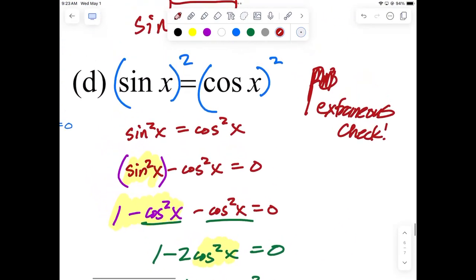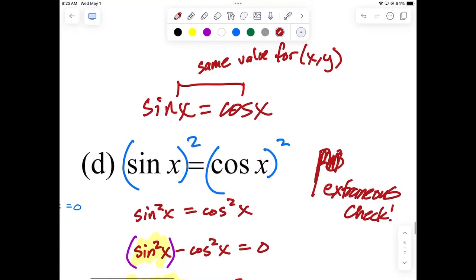Now, if you had just given it a good thought before you started, could you have solved this one intuitively? Yeah, you're asking yourself for what angles x do the sine and cosine equal each other on the unit circle. You could have then asked yourself, that means they have the same x and y coordinate. Oh, that's when they're both square root of 2 over 2 or both negative square root of 2 over 2.